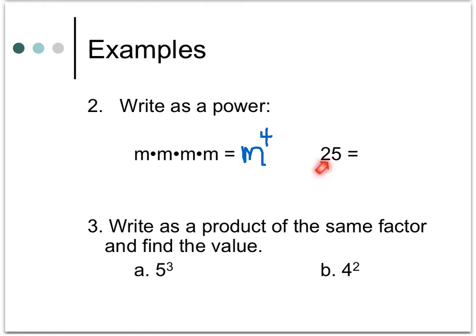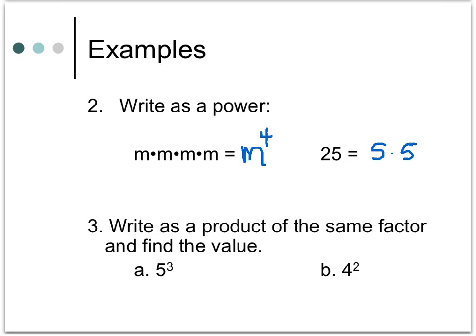In my next example, notice now I just have a whole number. And so now I need to change my thinking a little bit. I need to write this whole number 25 in a format where I have a base and an exponent. So I need to be thinking about, well, what number can I multiply by itself to get 25? Well, basic facts tell me I know that 5 times 5 is 25.